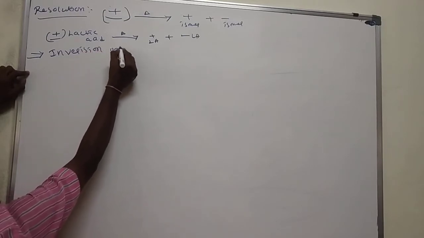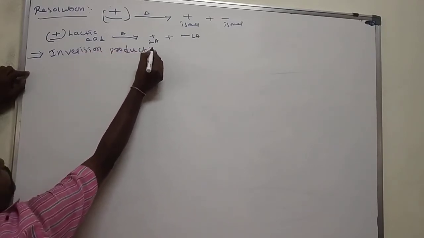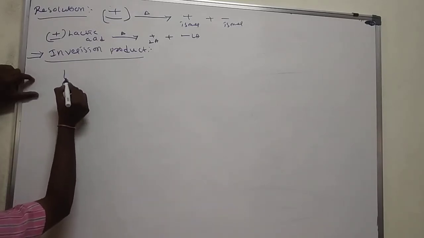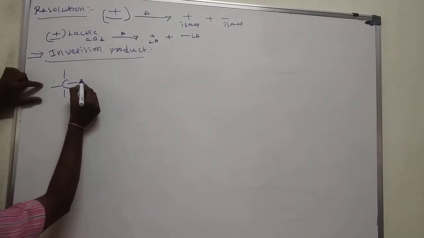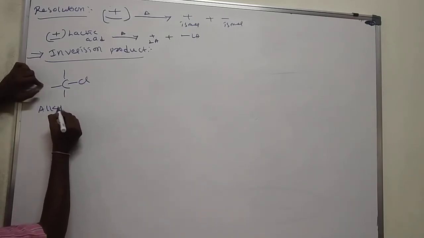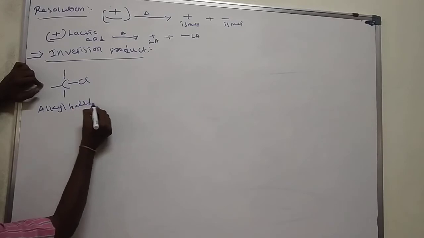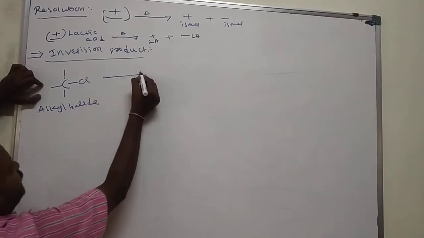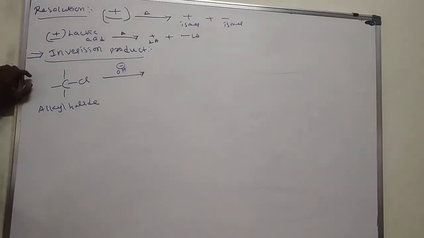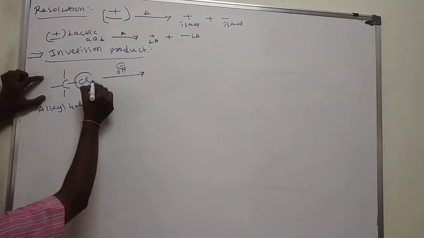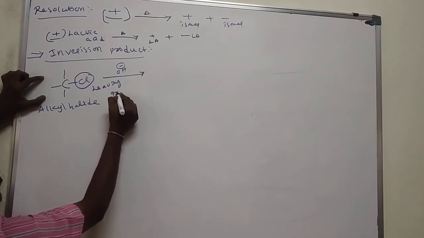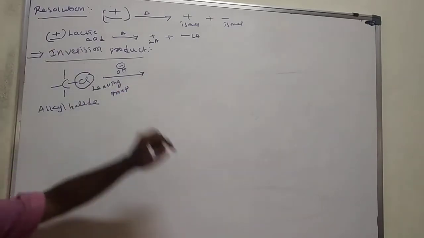What is the meaning of inversion product? Here I am taking one molecule. Here we have the chlorine. This we call an alkyl halide. If it reacts with OH minus, remember, this chlorine is called the leaving group.